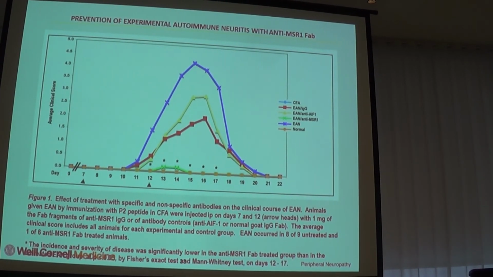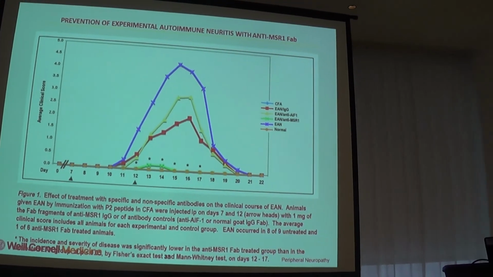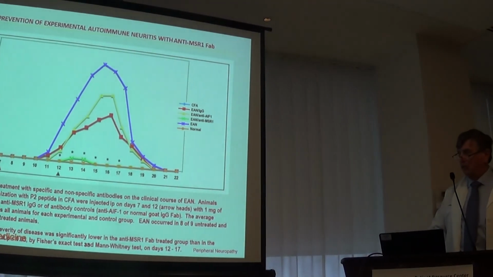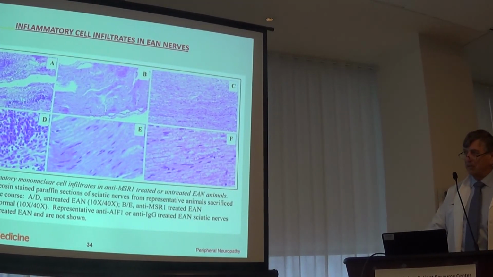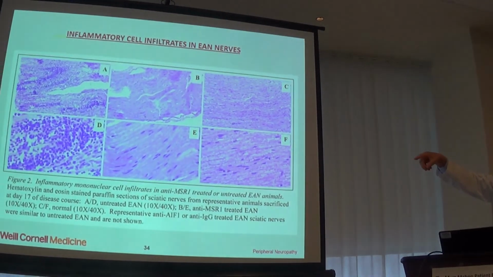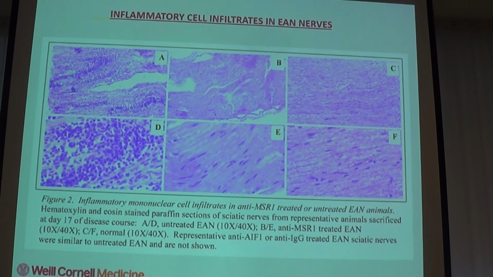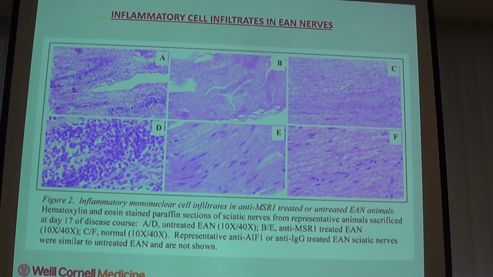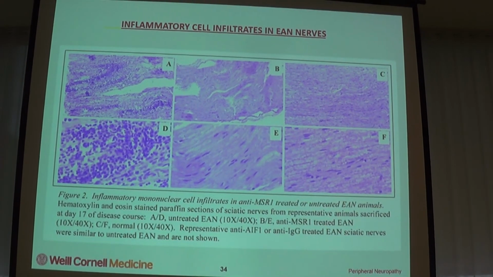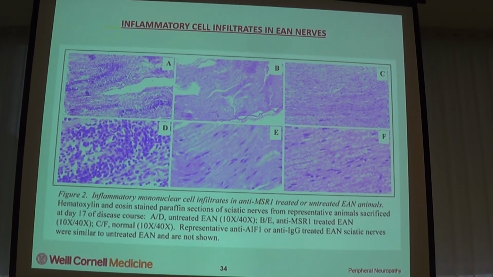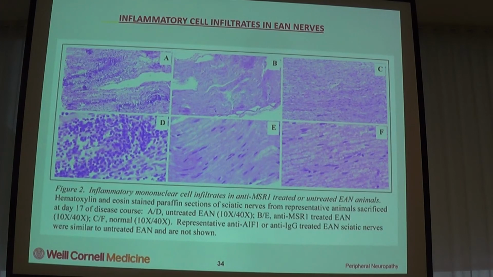Wow. After getting the antibody. And if you look at the nerves from these rats, on the left you can see a lot of inflammatory cells in the diseased animals, and in the middle panel is the treated animals where it prevents inflammation, and the right is just a control panel. So we're still working on it.